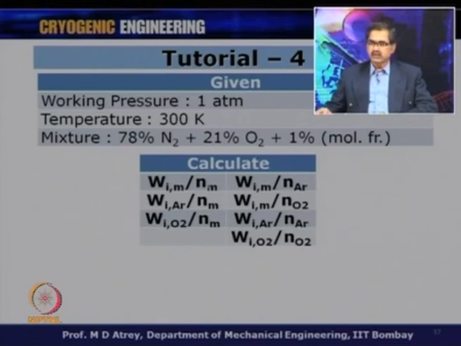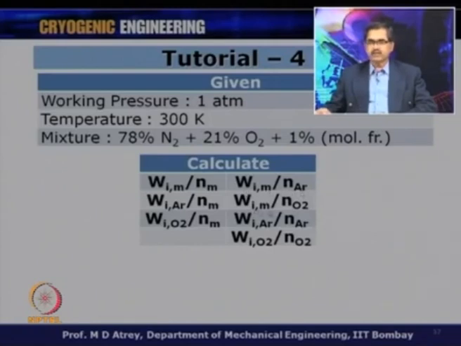So, here in the first column, the separation is done per mole of mixture. All right. So, Wm upon Nm, work of separation per mole of mixture, work of separation of argon per mole of mixture, work of separation of oxygen per mole of mixture. On the right side, I need the values with respect to one of the gases, which is argon and oxygen. So, here I say work of separation of mixture per mole of argon.